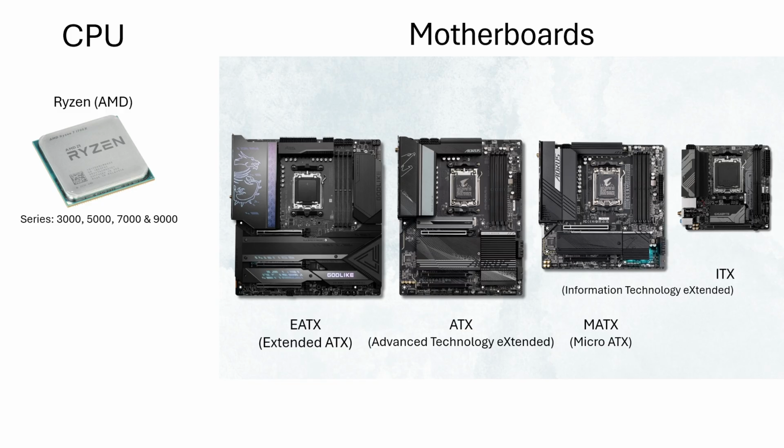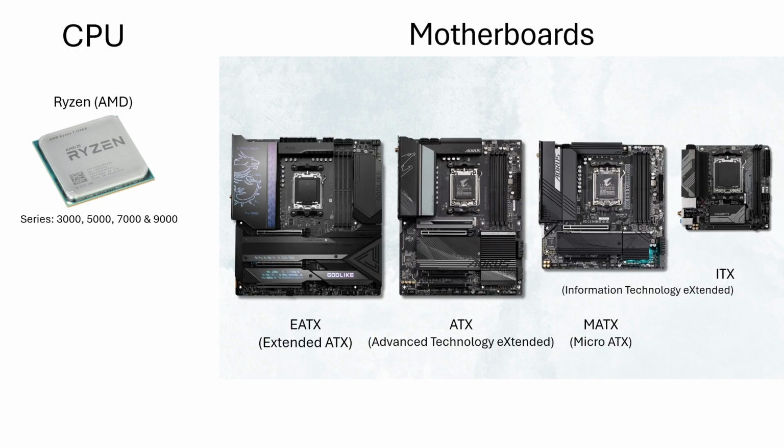For Ryzen, how they categorize their CPUs is by series. So you have the 3000, 5000, 7000, and 9000. Now, there is some in-between series, but generally, if it's not a 3, 5, 7, or 9, it's designed for laptops or for other mobile devices. So if you're building a computer, the main series you're wanting to look for is 3, 5, 7, or 9.